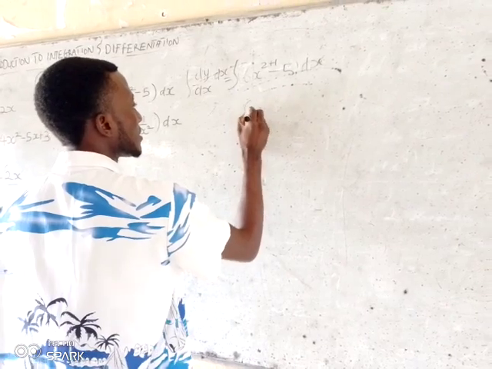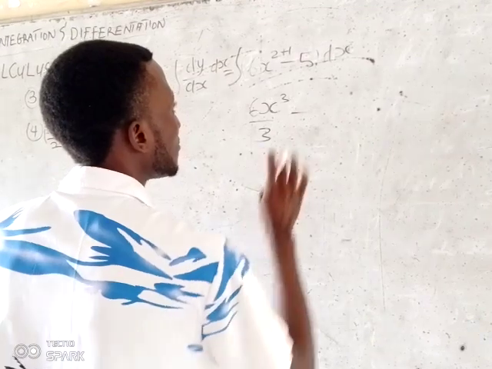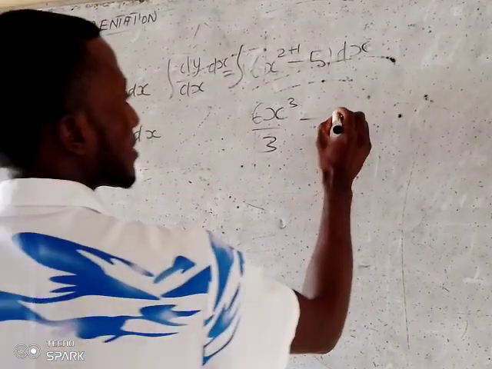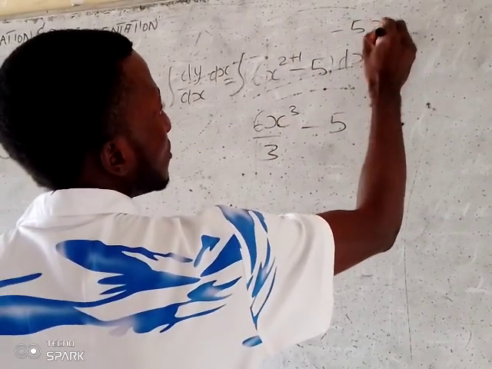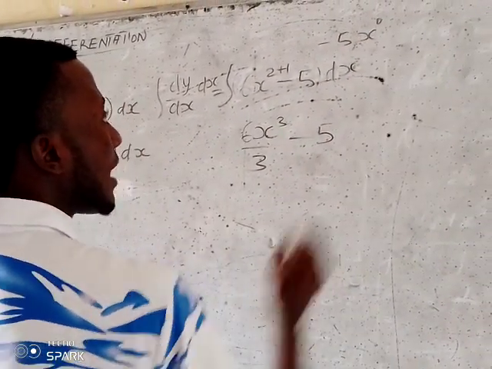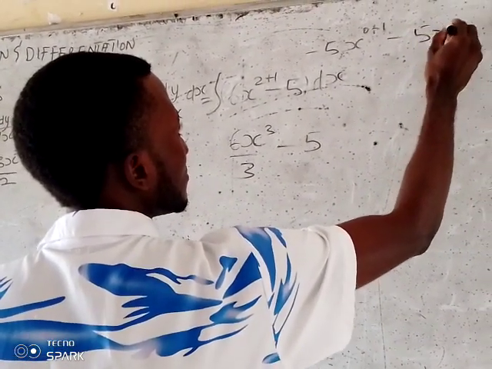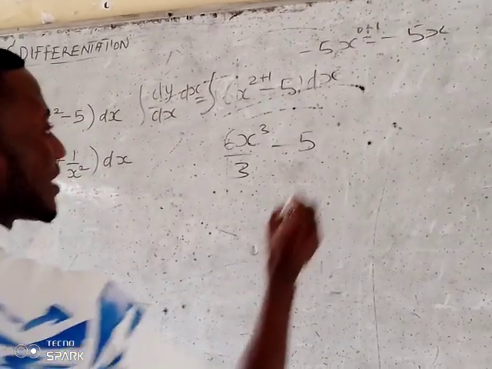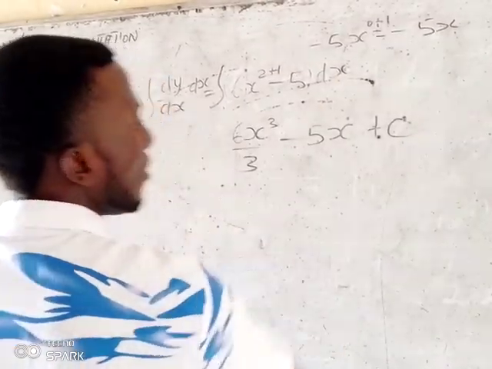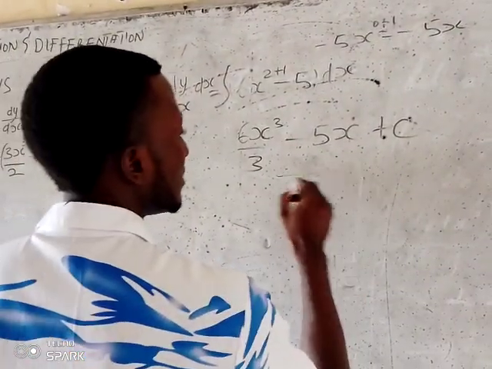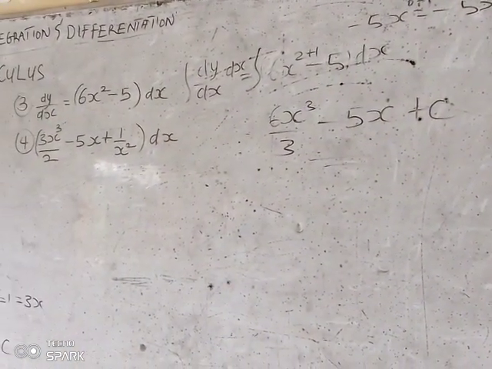This is going to give us 6x to the power of 3 over 3, then minus 5x. Remember, this minus 5 is equivalent to 5x raised to the power of 0. Then adding 1 to the power will give us minus 5x. That's how we got this 5x. Remember to add your constant of integration to show that you are integrating. So this is the answer for 3.